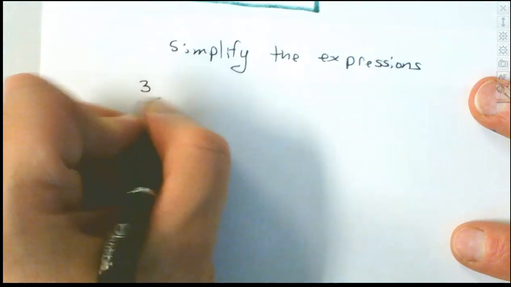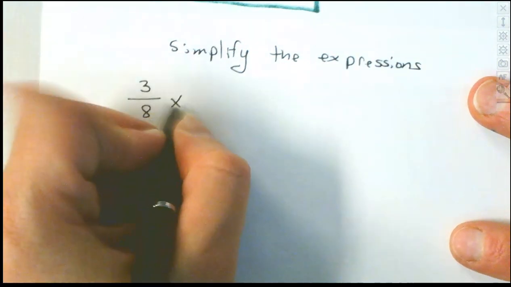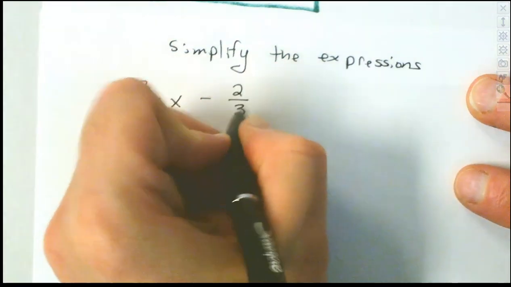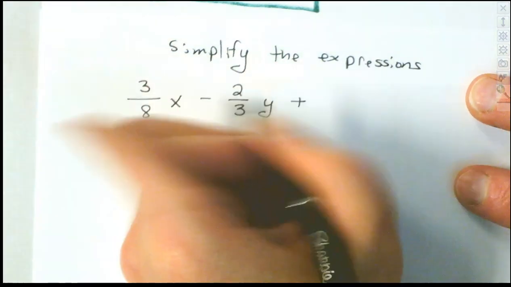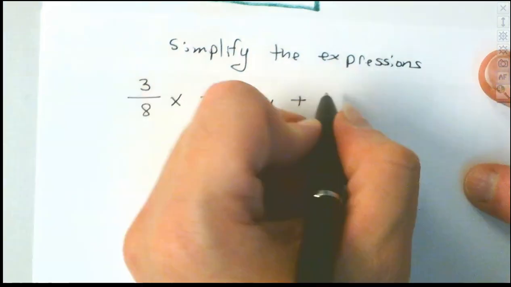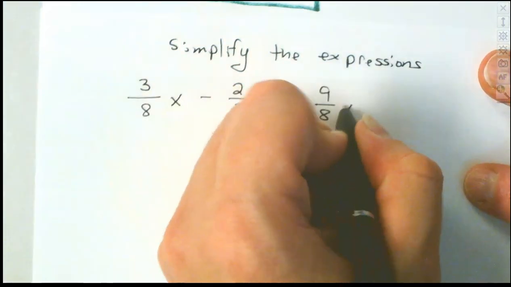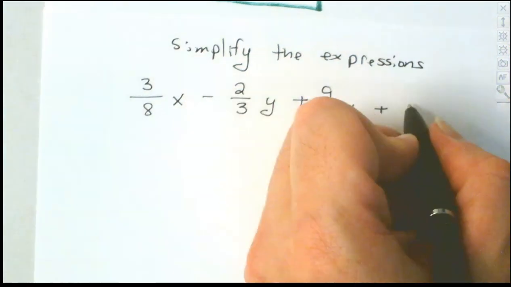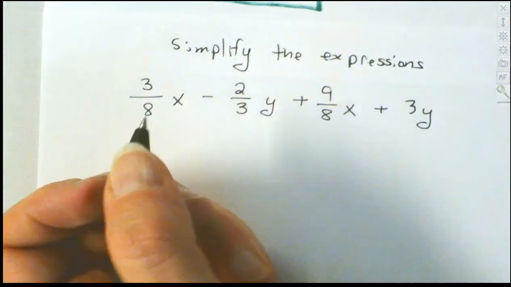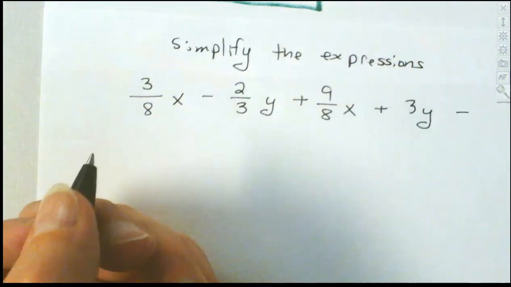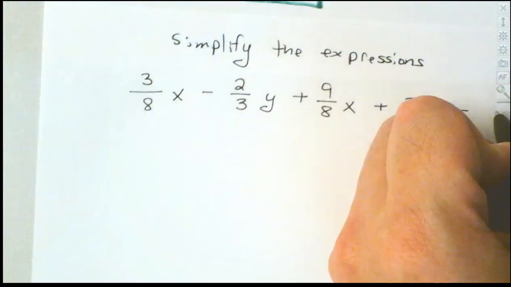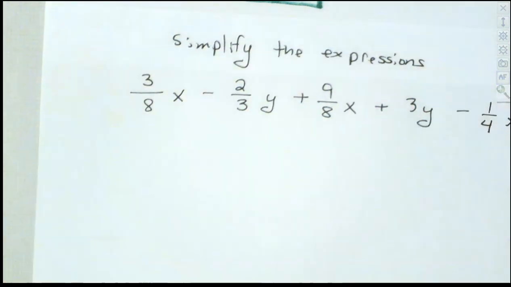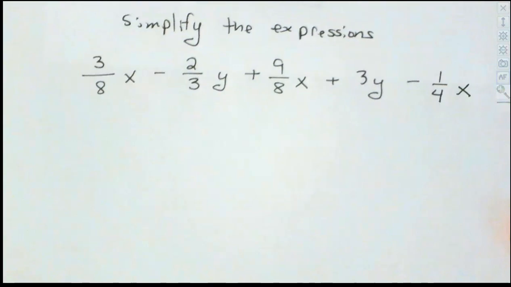How about 3/8 x minus 2/3 y plus 9/8 x plus 3y minus 1/4 x. Okay, so this is what we've got.